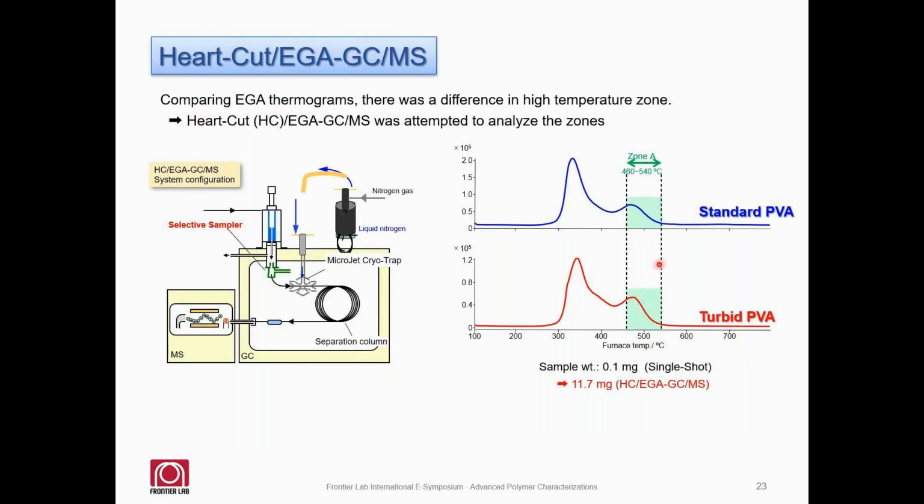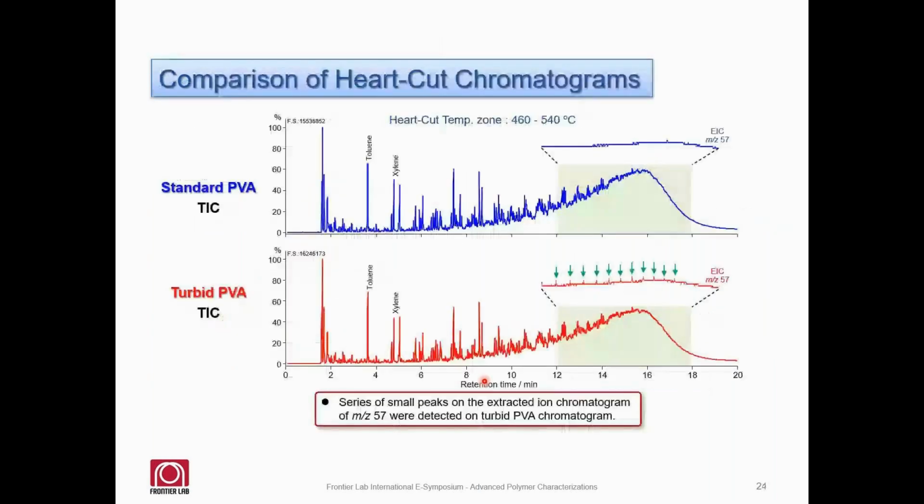Our main focus is on this zone, as I've already shown you. This is where the difference is seen. So we quickly introduced that zone, and between 460 to 540 we eluted the data of the chromatogram, and this is what we observed.